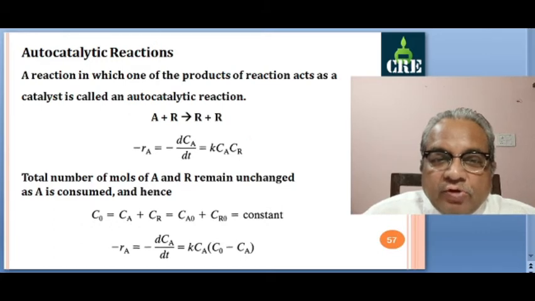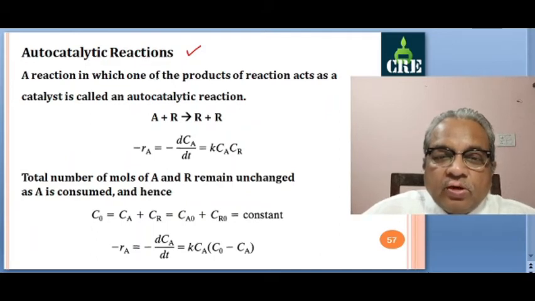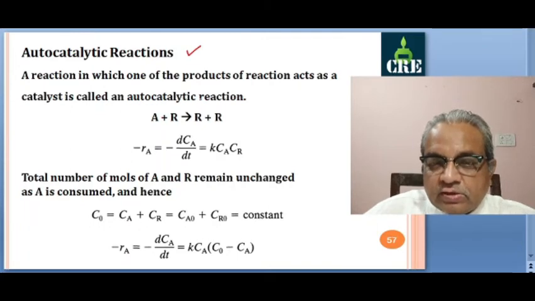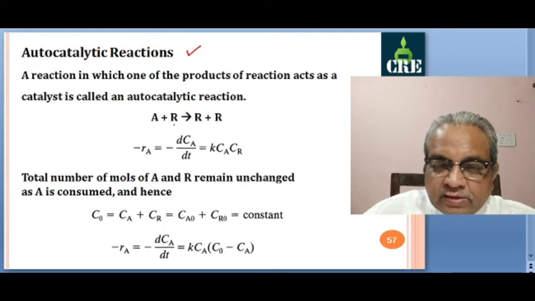Then the next category of reactions we will see is autocatalytic reactions. So what is an autocatalytic reaction? One of the products formed from the reaction acts as a catalyst, which is known as an autocatalytic reaction. So the reaction is A gives R. When it starts, A gives R, and once some R is formed, that R acts as a catalyst.